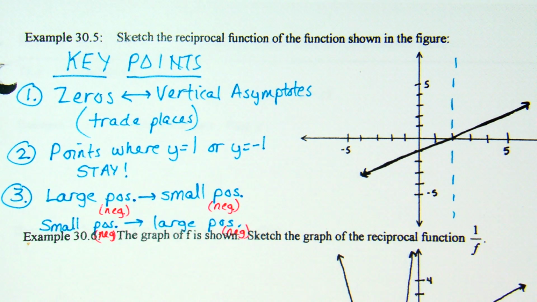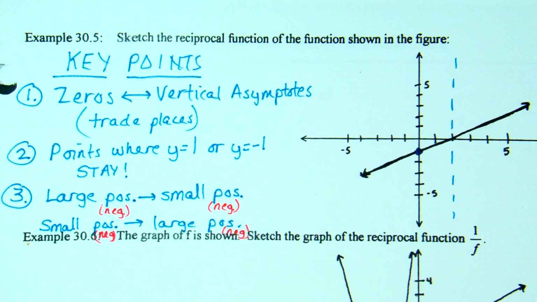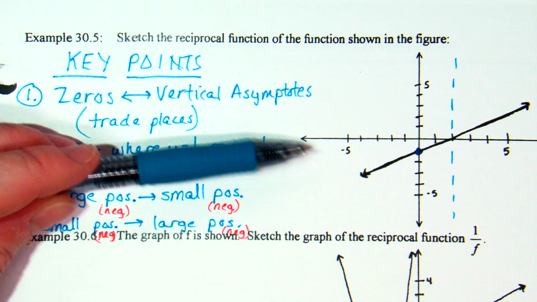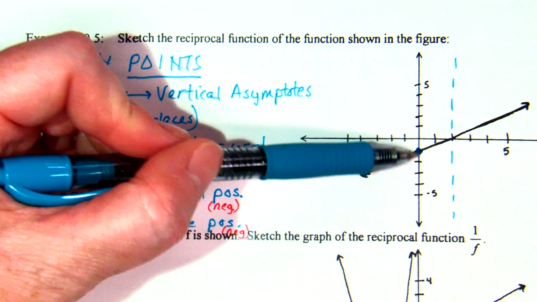So this point right there, yes? Is that the only place we have a value of y equals negative 1? And yes, right? So this point right here where I drew the dot, that's going to be part of my new graph. My graph will go through that point.